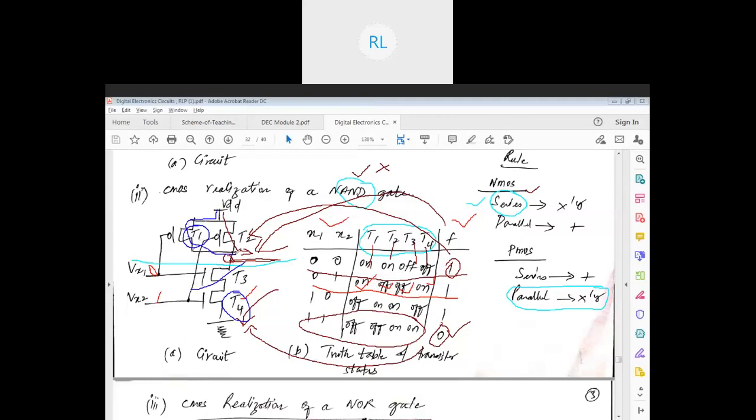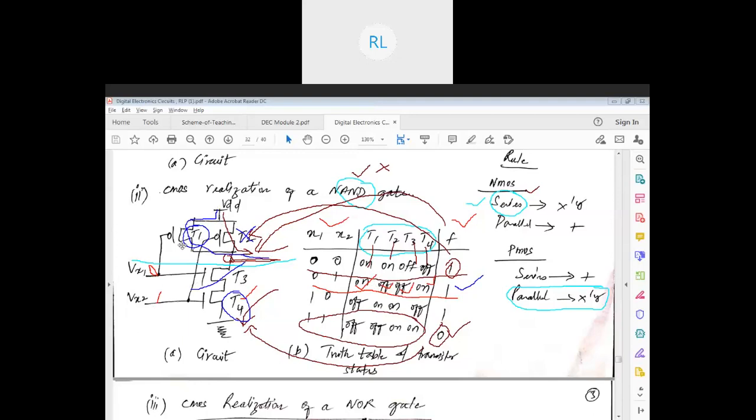Now since T3 is off, the circuit is not complete. It cannot discharge the capacitor. But you can see that there is a path from this transistor to the output. So which means from VDD to the output, the capacitor is getting charged. So I am getting an output 1.